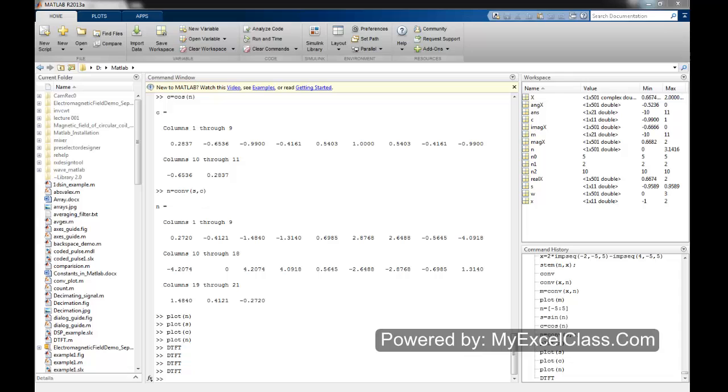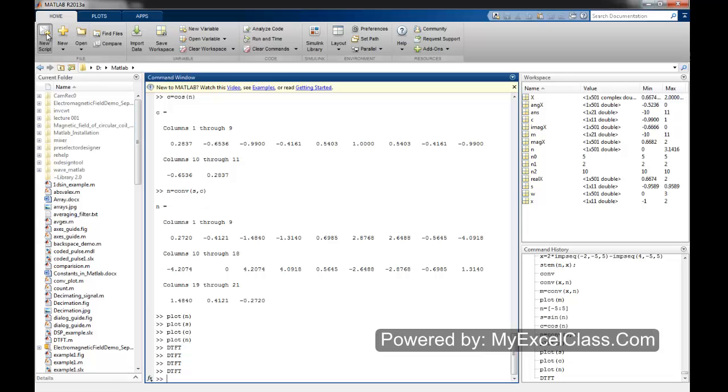So I'm going to plot this one and see how it is computed. I'm going to create a new script file.